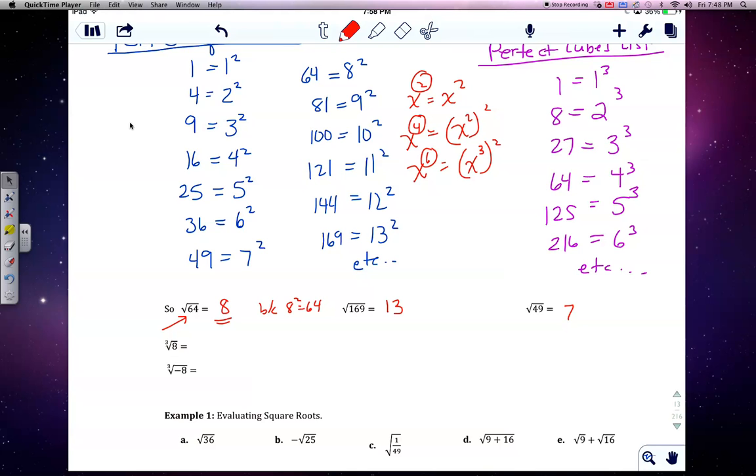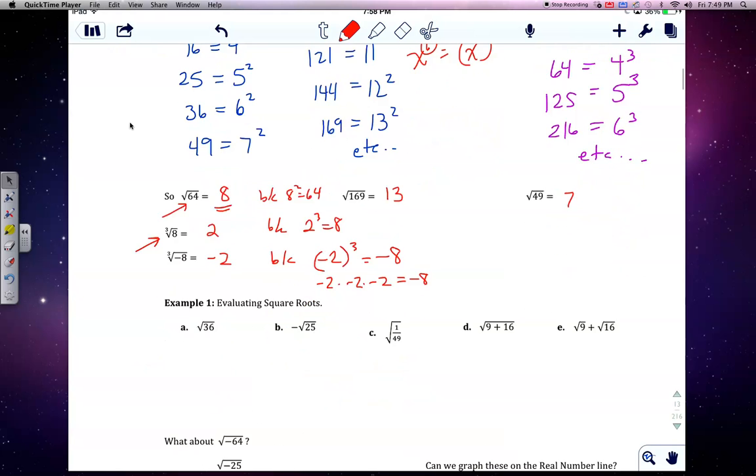Now the cube root of 8 would be 2, because 2 to the third power is 8. The cube root of negative 8 is going to be negative 2, because negative 2 to the third power equals negative 8. Negative 2 times negative 2 times negative 2 equals negative 8.